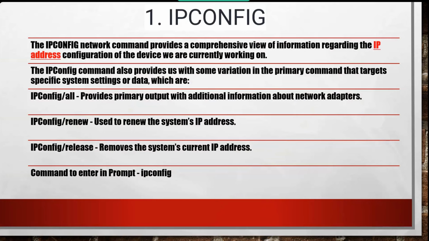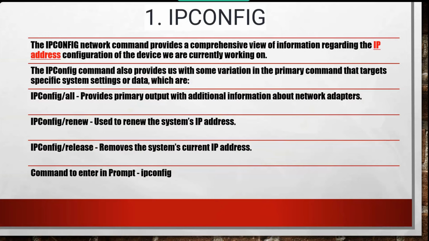So what are the functions of these? ipconfig/all provides the primary output with additional information about the network adapters. With ipconfig, we get the information about the IP addresses, subnet mask, DNS, and DHCP, and there is additional information about the network adapters shown by the command with ipconfig/all.